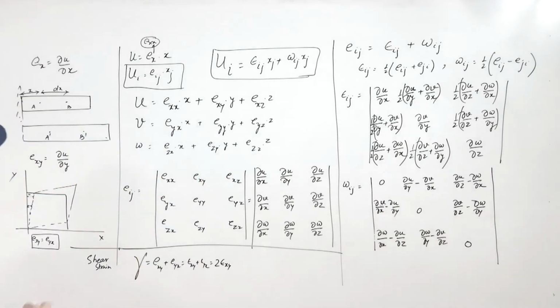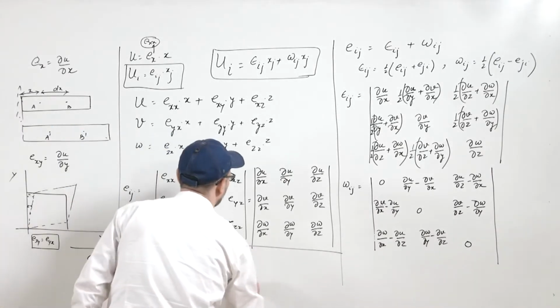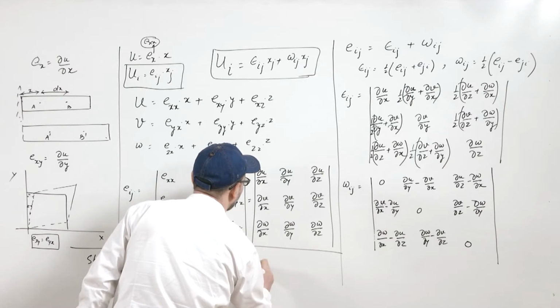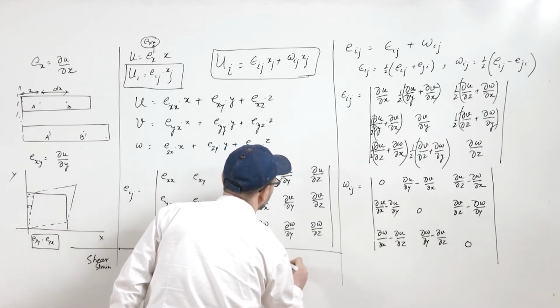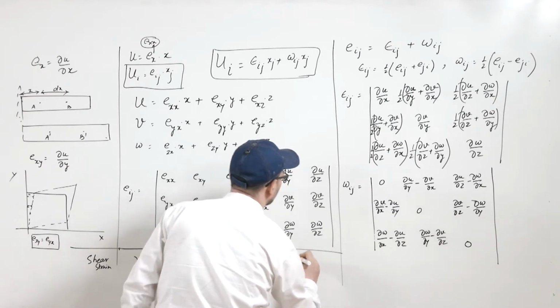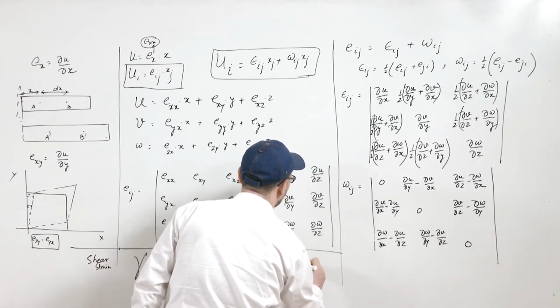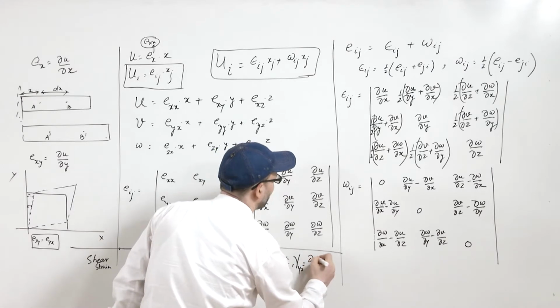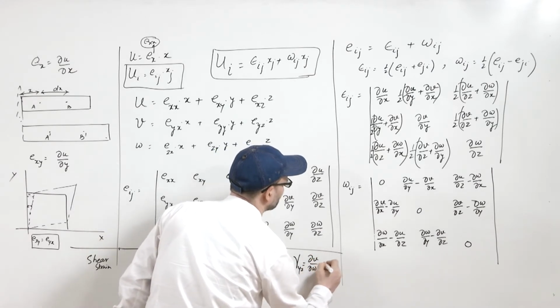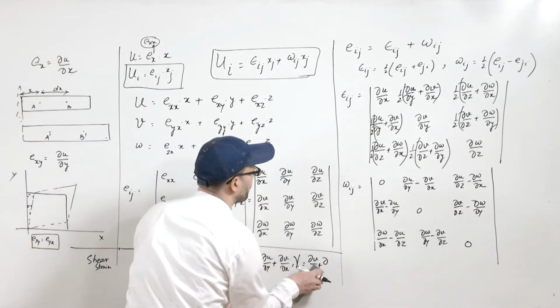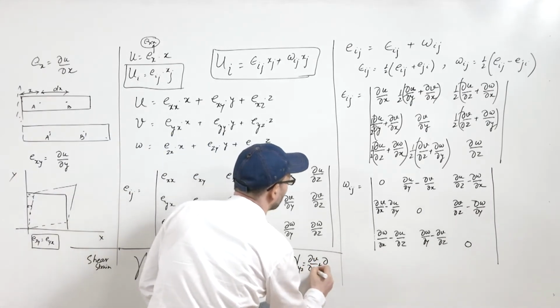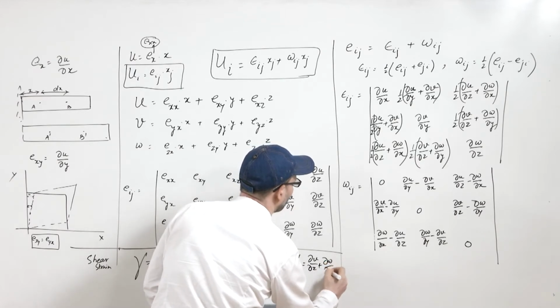So now you can write the shear strain in xy as ∂u/∂y plus ∂v/∂x. Similarly, shear strain in yz will be ∂v/∂z plus ∂w/∂y.